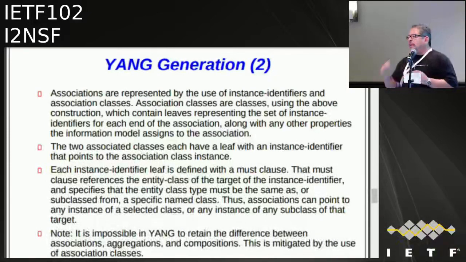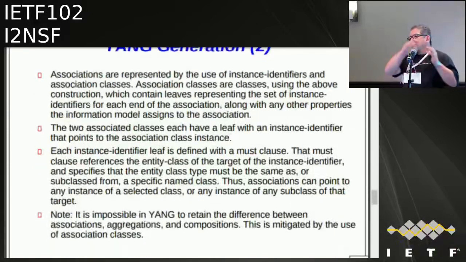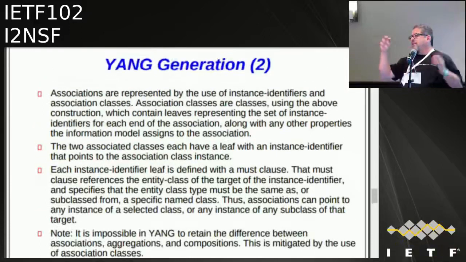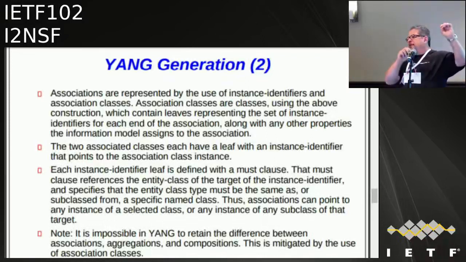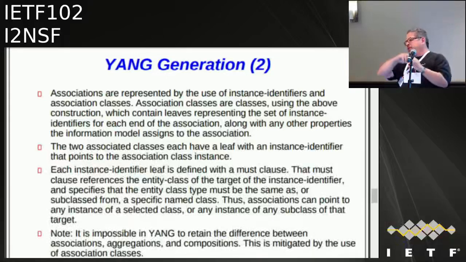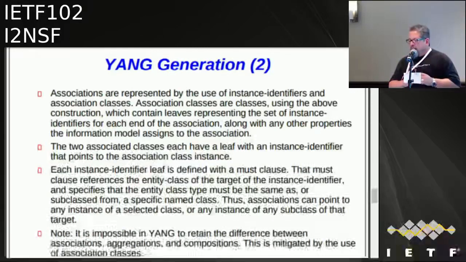We use instance identifiers for each end of the association and the association class. And then we have instance identifiers that basically point from the source to the association class and from the association class to the destination. It's very simple to implement as a software pattern, and it will make your life easier.